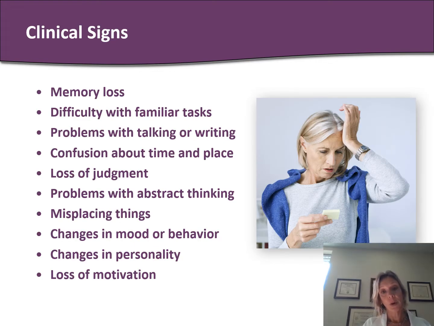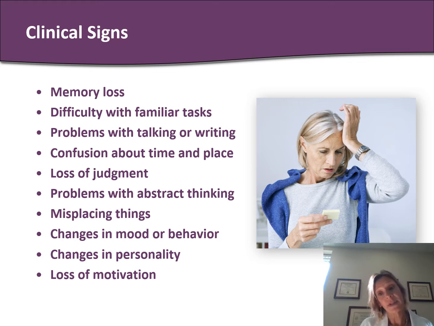So on this slide, I've listed some of the clinical signs of Alzheimer's disease. Things like memory loss, difficulty with familiar tasks, problems with talking or writing, confusion about time and place, loss of judgment, problems with abstract thinking, misplacing things, changes in mood or behavior, changes in personality, or loss of motivation.